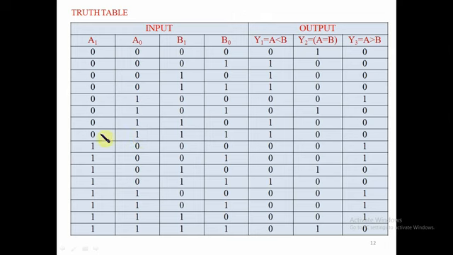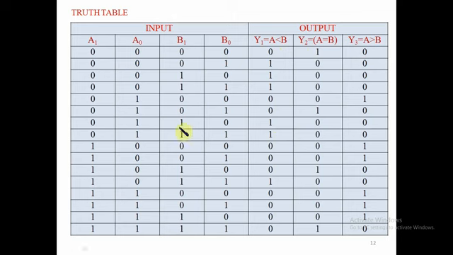Here 0 1 means a1 is less than b1 when compared, and b0 is 1 and a0 is also 1, so the result is a less than b, which means b is greater.